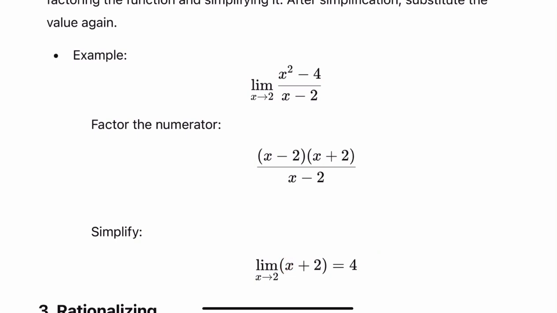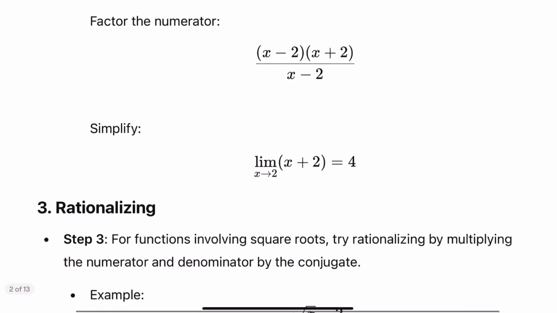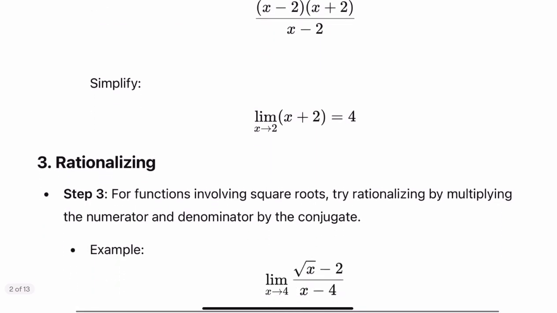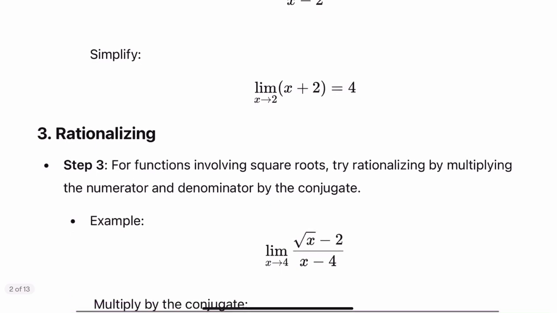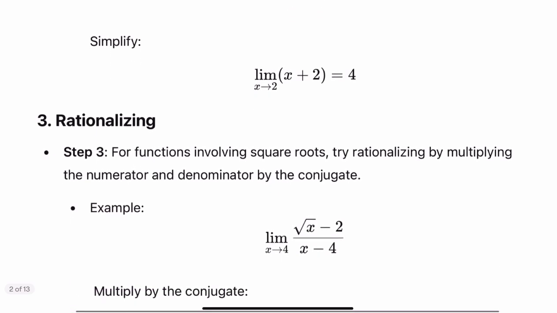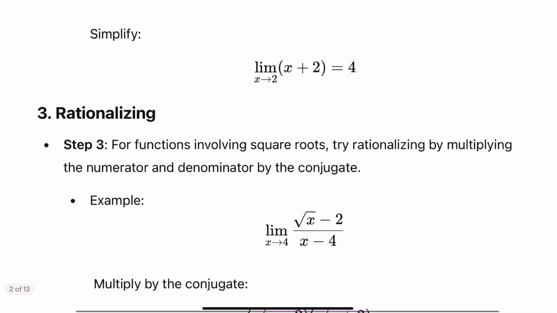Another method is rationalizing, which we use when the function has square roots or another irrational expression. For example, if we have this function, the limit when x goes to 4, same thing, if you substitute 4 here, it will give you 0 down and 0 up.